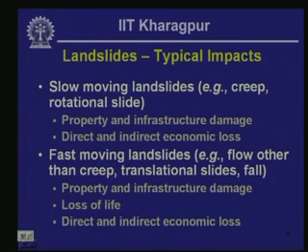So, those are indirect losses because of slow moving landslide, whereas direct losses are the direct damage caused to the properties or infrastructure constructed within the potentially unstable mass.